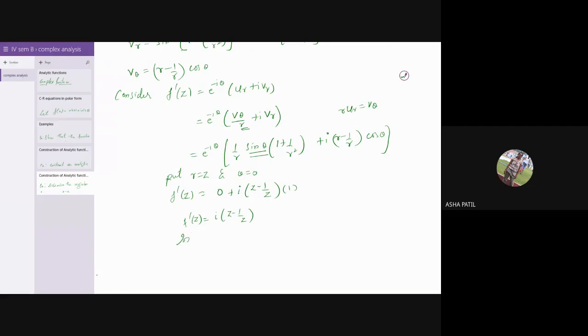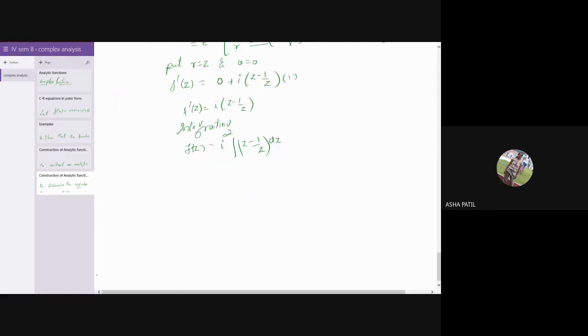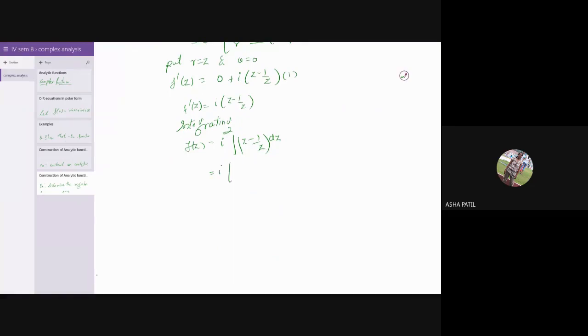Now integrate this to obtain f of z. What is f of z equal to? i outside, integration of z minus 1 by z. What's the integration? i as it is. Integration of z is z square by 2.